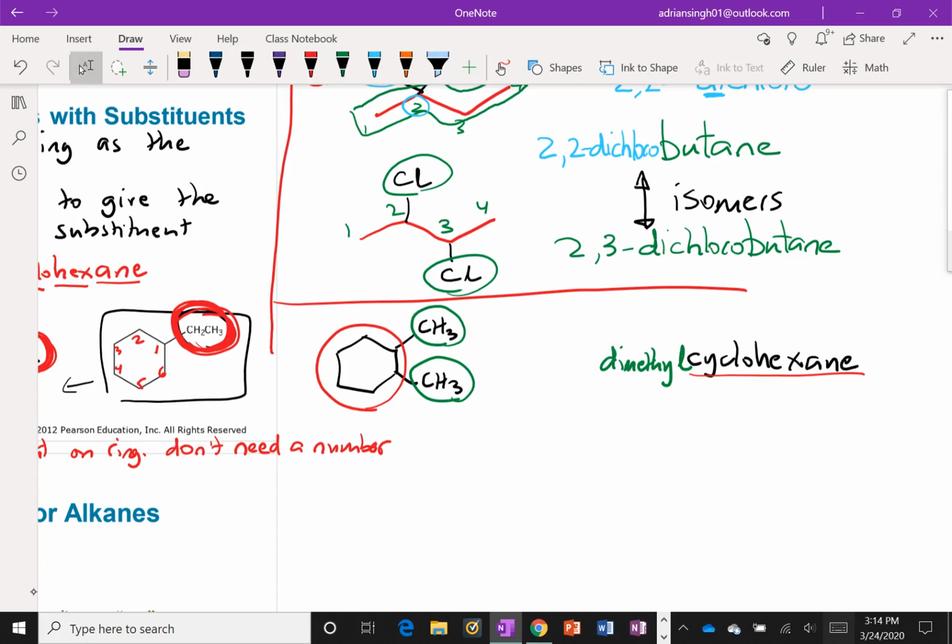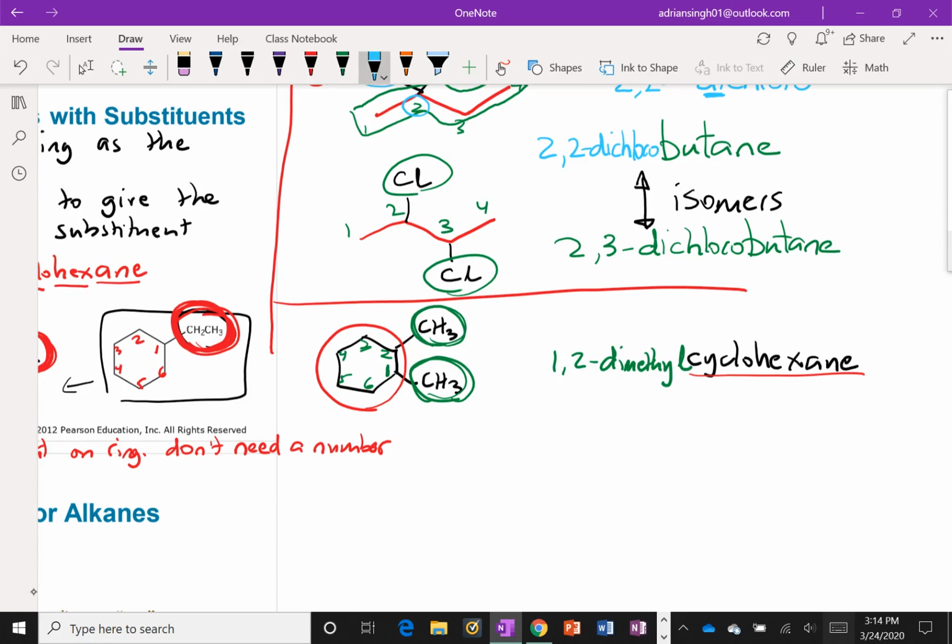All right, so let's just choose the one here on the bottom. So number 1, and then we want to number the ring to give the lowest number possible. So that means we're going to have to go counterclockwise. This is going to have to be 2, 3, 4, 5, and 6. So our methyls are on carbon 1 and 2. So 1,2-dimethylcyclohexane. You wouldn't want to go in the other direction.